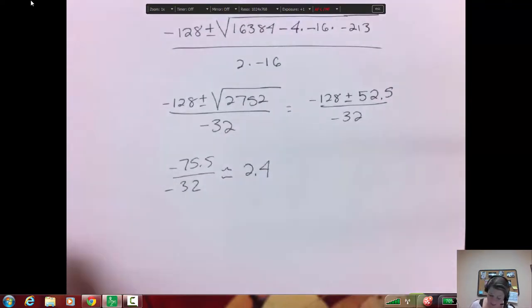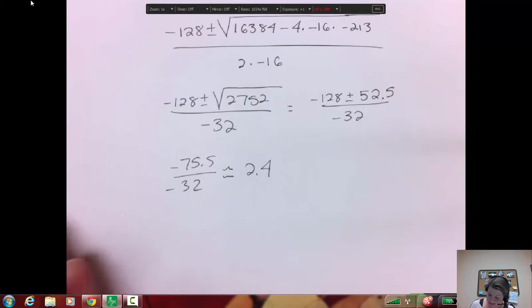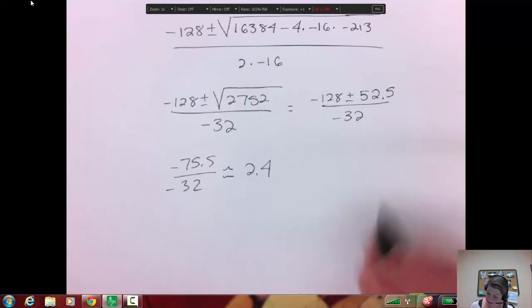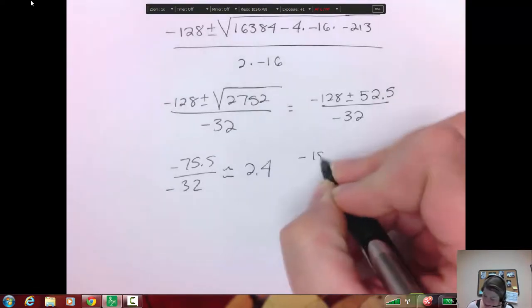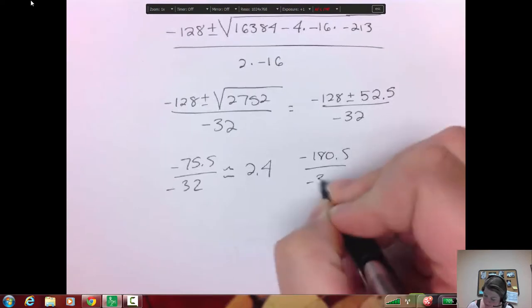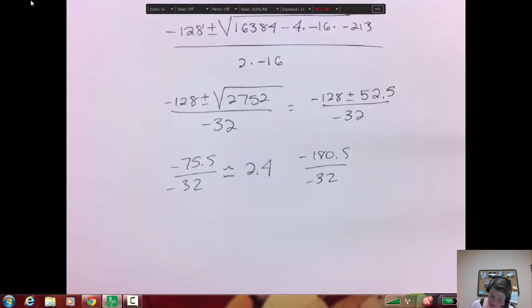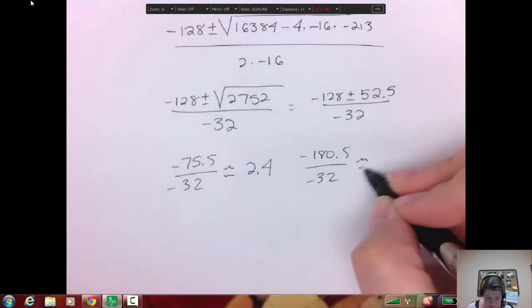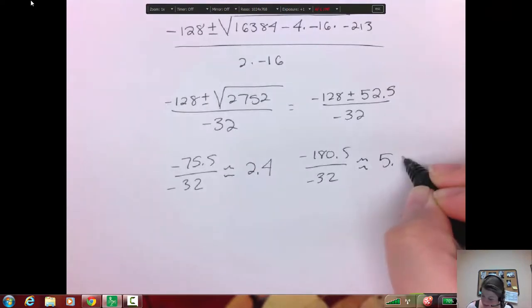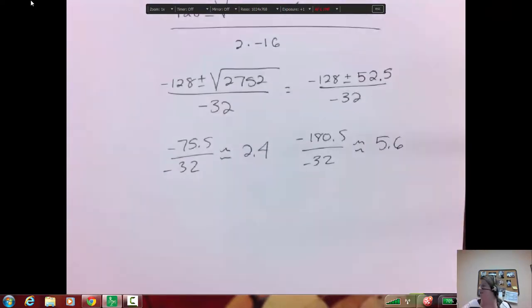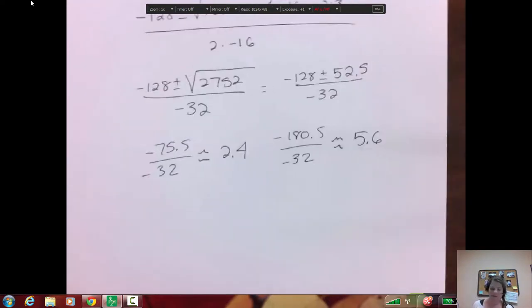So negative 128 minus 52.5 is going to give me negative 180.5 over negative 32. So divide that and I get about 5.64 or 5.6. Okay, so here's my two answers.